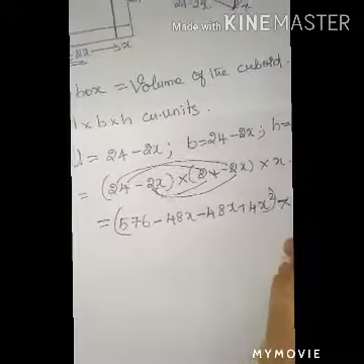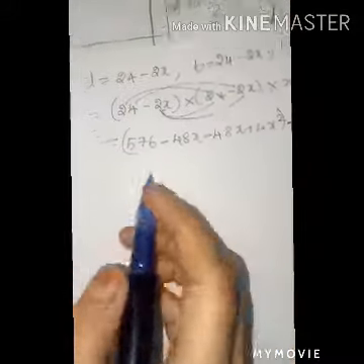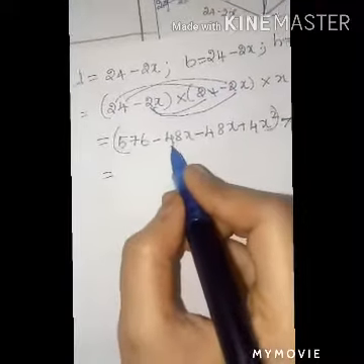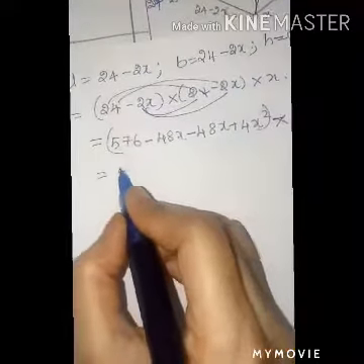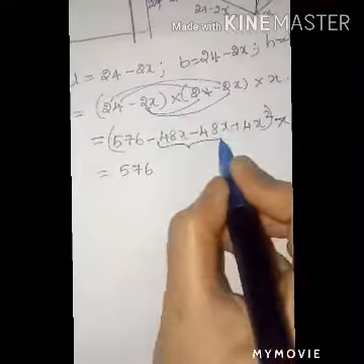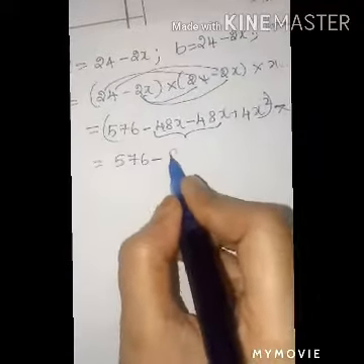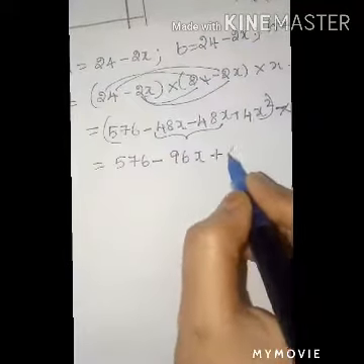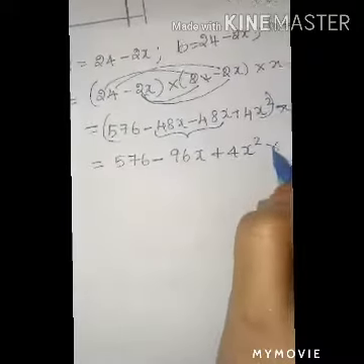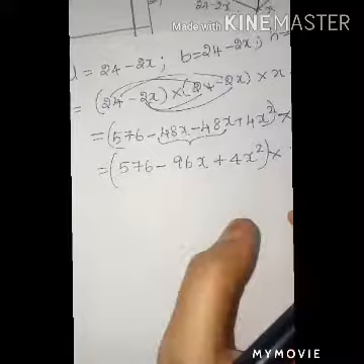Again we have one x here, that is nothing but your height. Now simplify these values: 576 minus 96x plus 4x square, into x.